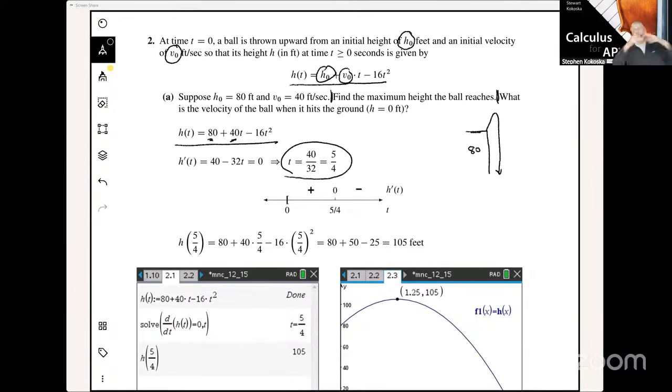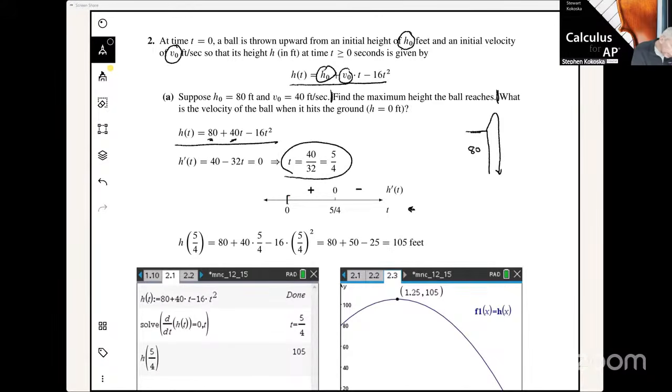Now, practically, we understand this situation. We understand that there's a maximum here, not really a minimum. But to convince ourselves, to justify this, to explain our reasoning, I'm going to draw a sign chart. So the way that I've done this here is I've drawn the sign chart with values of t at this level below the axis.